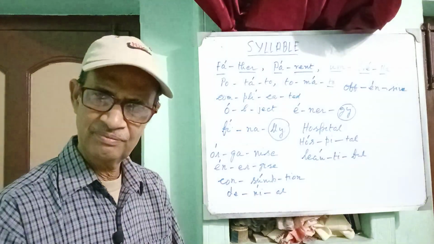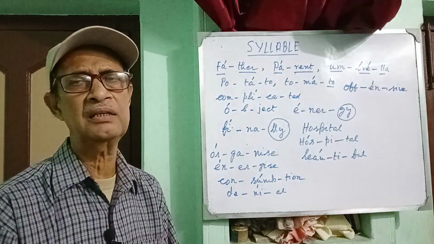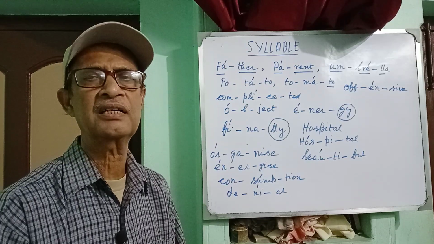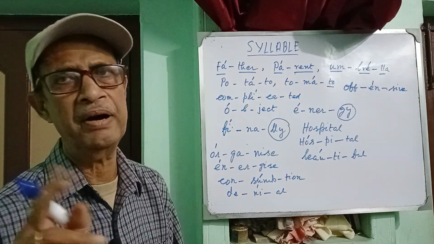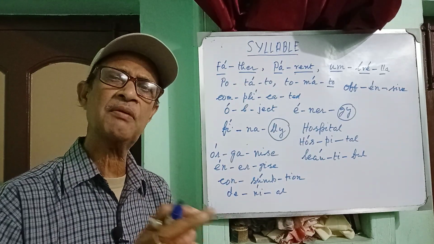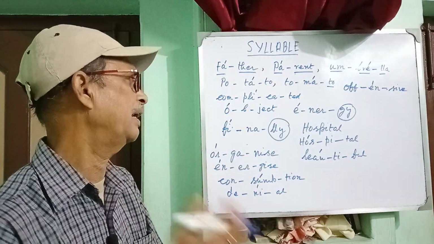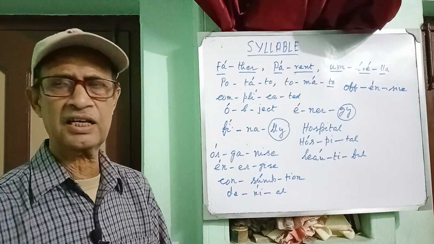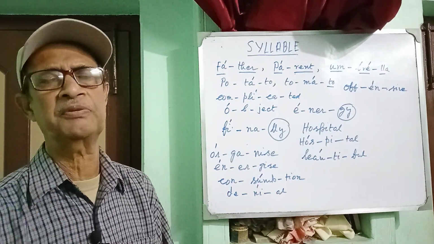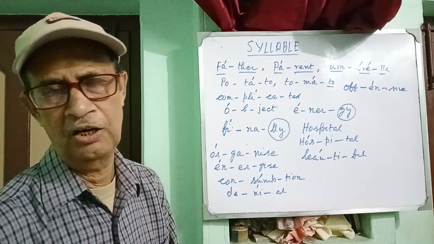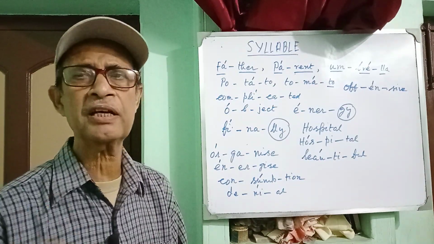And when there is a trisyllabic word, you must give the stress or accent on the middle syllable. But there are some exceptions or there are some rules. For example, TION, SION, etc. In that case, you will have to give the stress on the first syllable, although it is a trisyllabic word.